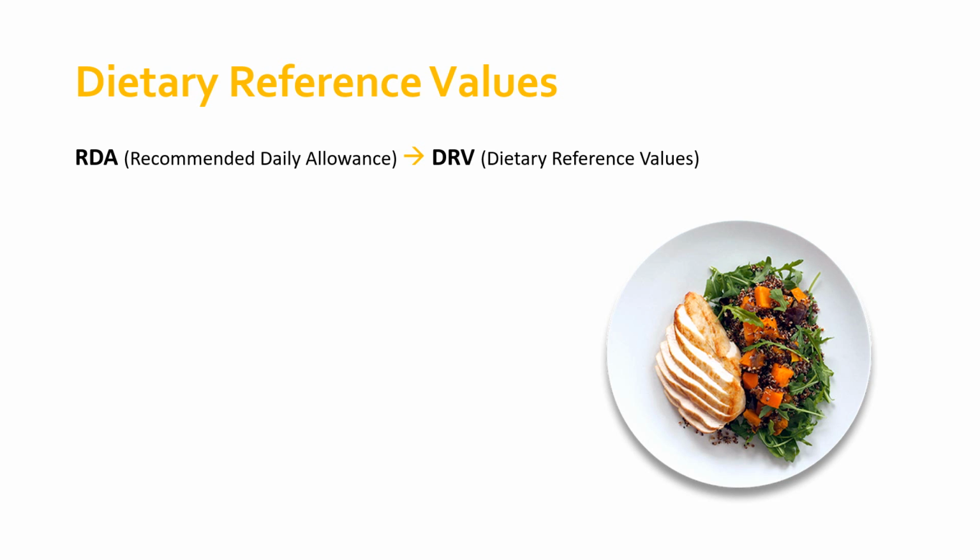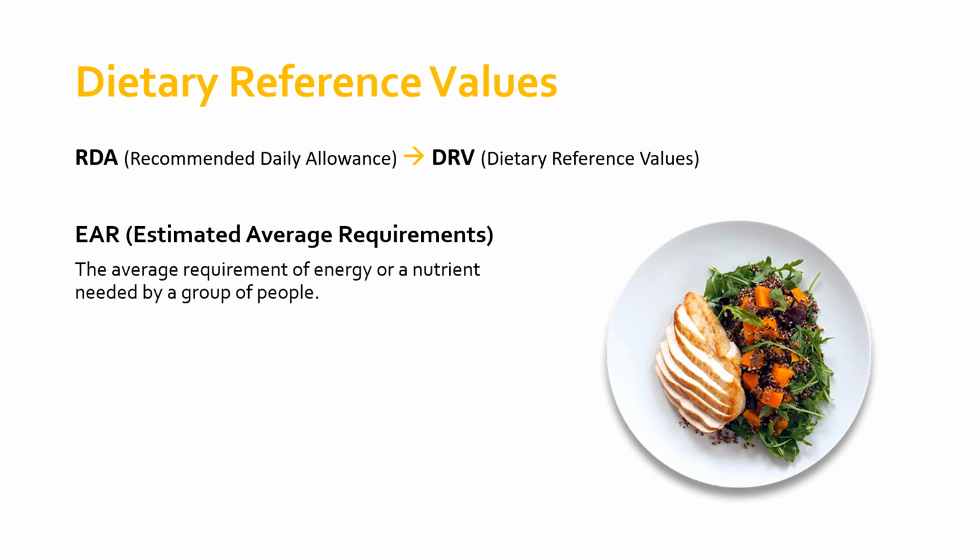And there are several different types of dietary reference values, and I'm only going to mention 2 here. The first of which is known as the EAR, which is the estimated average requirements. So that's for any particular nutrient that we might be talking about, whether it's carbohydrates or whatever. It might even be a micronutrient.